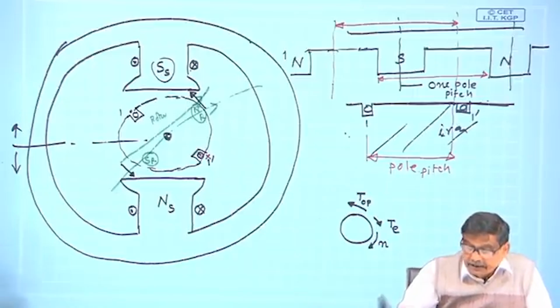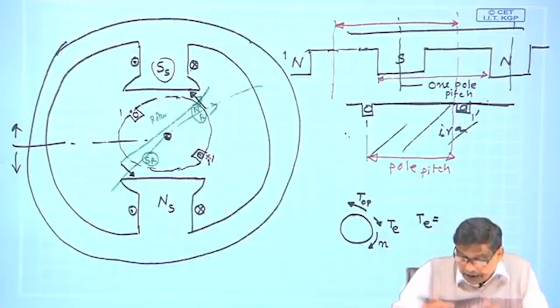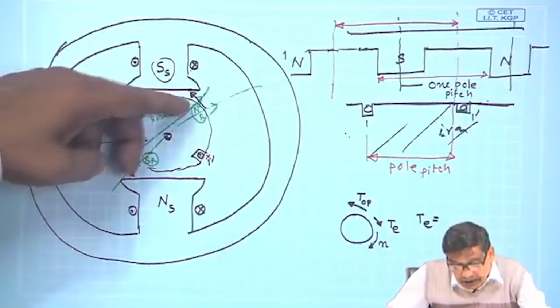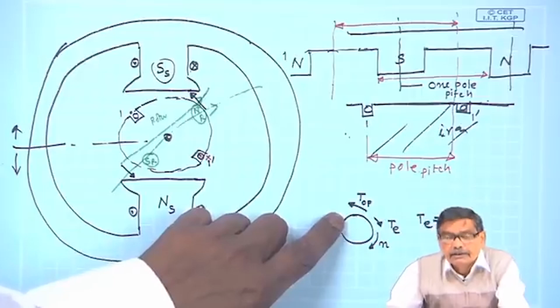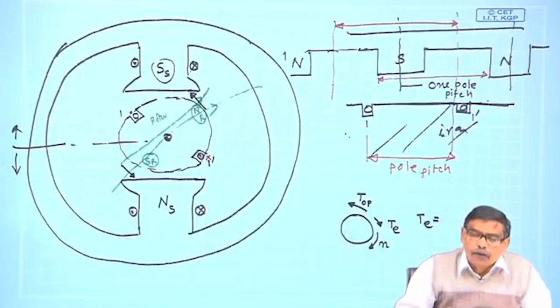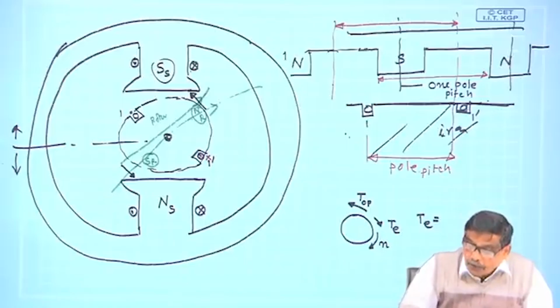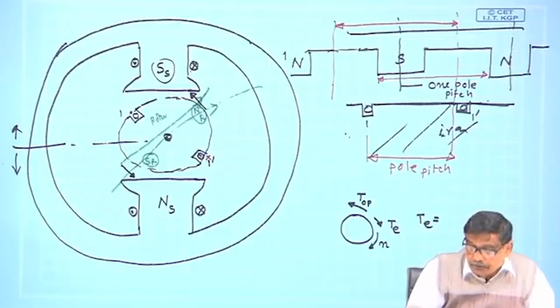if it is running at a constant speed, my conclusion will be the electromagnetic torque in the steady state developed by the motor, who creates T, the interaction of NR, SR and NS, SS. What is T opposition? It is existing in the system, or maybe you are doing some mechanical work, suppose the motor is running a pump, things like that, opposing force against which you have to turn the motor.